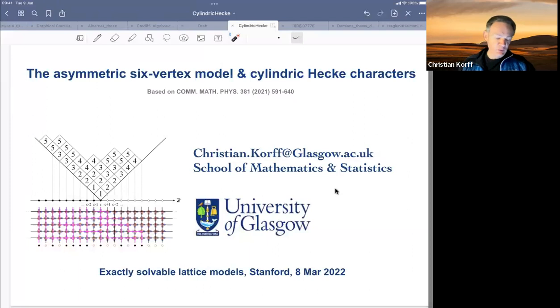So I'm going to talk about things which you have heard in the seminar series before, probably some very familiar topics to you by now. The six-vertex model, and I call this the asymmetric version. I think by just looking at some of the talks which have been given in the seminar before, this is also sometimes called the six-vertex model in external fields, like electric or magnetic fields.